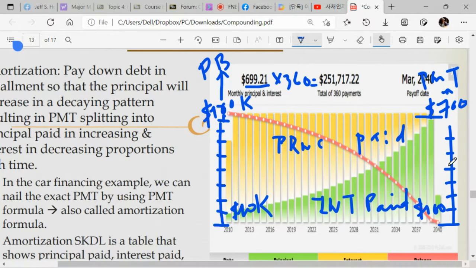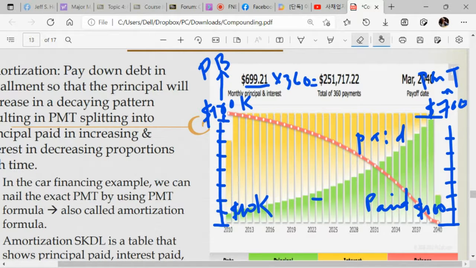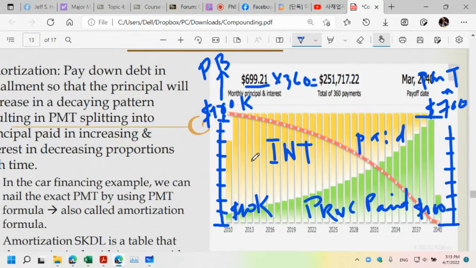So then you can tell that the interest is, it's flipped actually, I'm sorry. This is the interest paid. This is the principal paid. Okay, so early on, it's mostly interest.